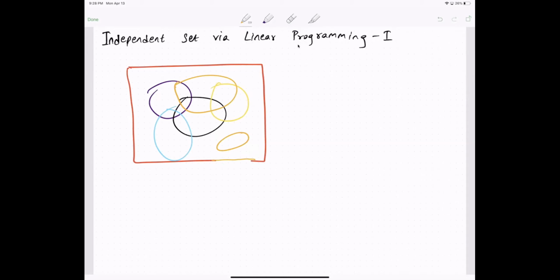In this case, I can pick this, this, and this. So I can pick 3 objects which are disjoint, and I don't think I can add any more. That will be the largest independent set.